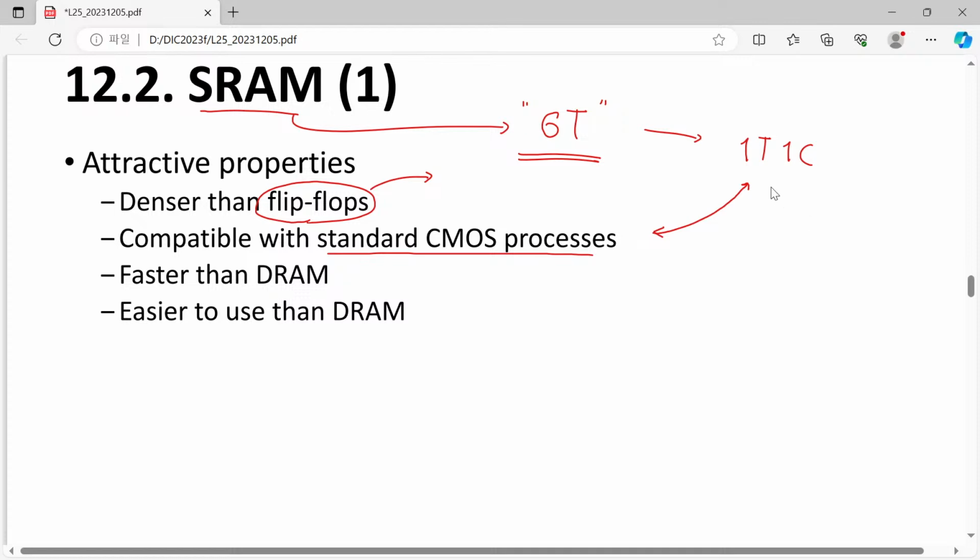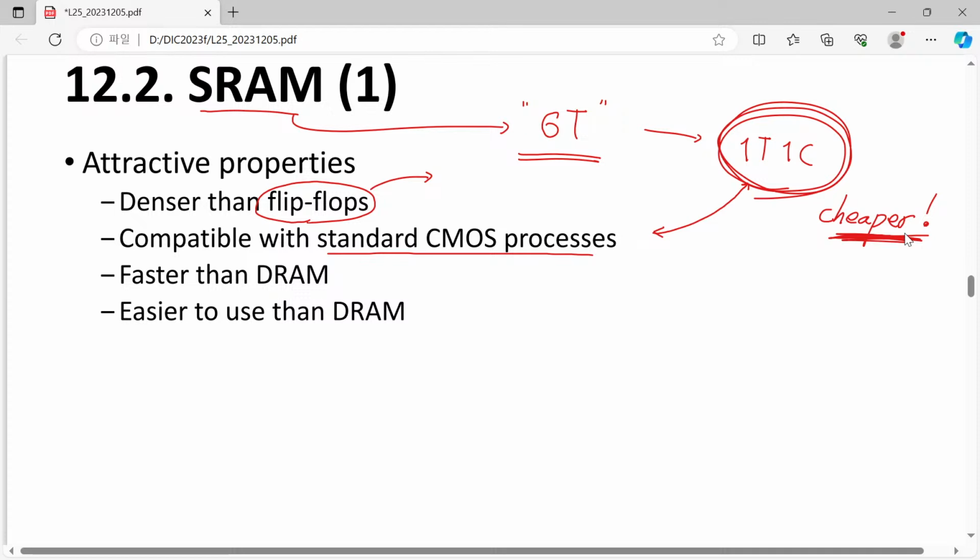However, in the case of memory, capacity is actually one of the most important factors. So DRAM is much larger and cheaper. This is very important. DRAM is much cheaper in terms of price per single bit.